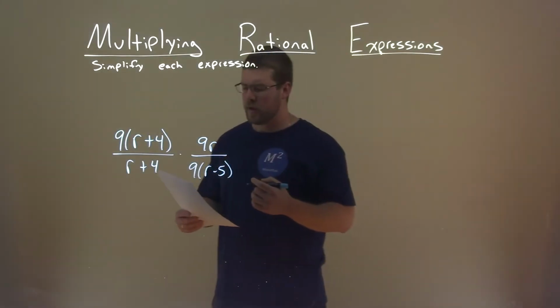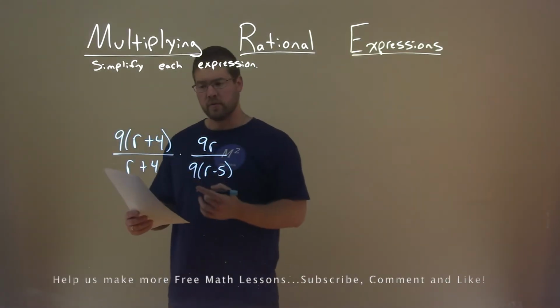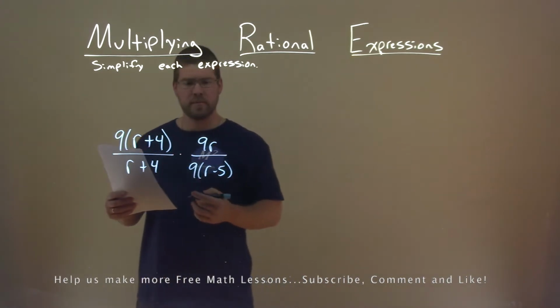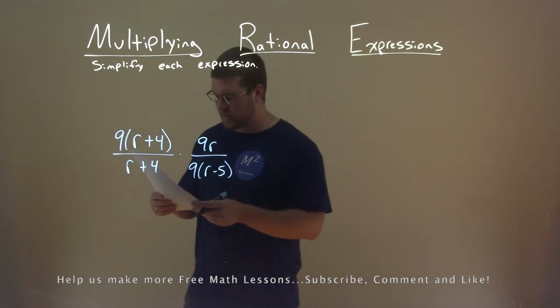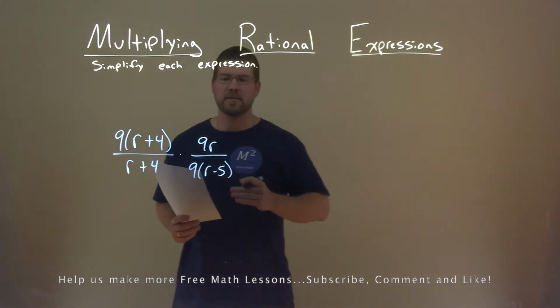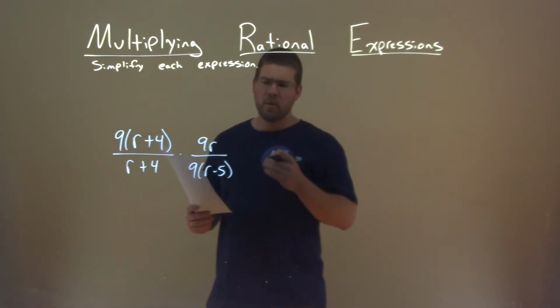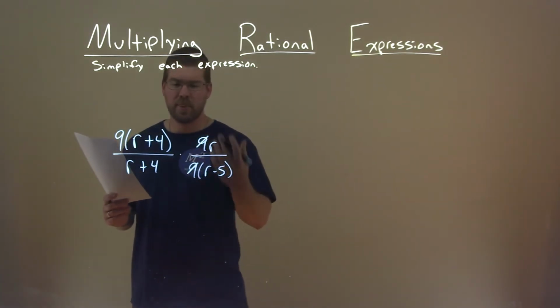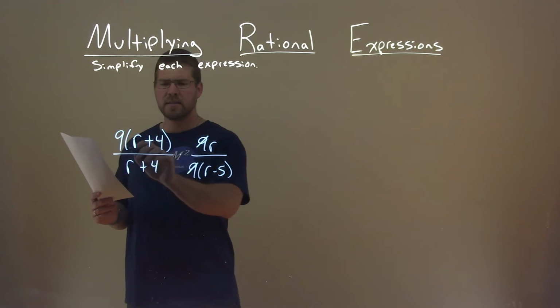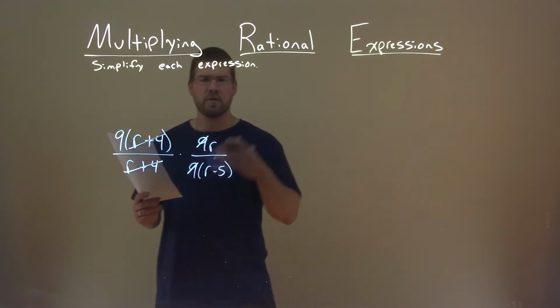We're given this problem right here. 9 times r plus 4 divided by r plus 4 times 9r divided by 9 times r minus 5. And we need to simplify this expression. Well, I'm looking for things to cancel out. There's a 9 here and a 9 here. That cancels. And I see an r plus 4 and an r plus 4 in the numerator and denominator.